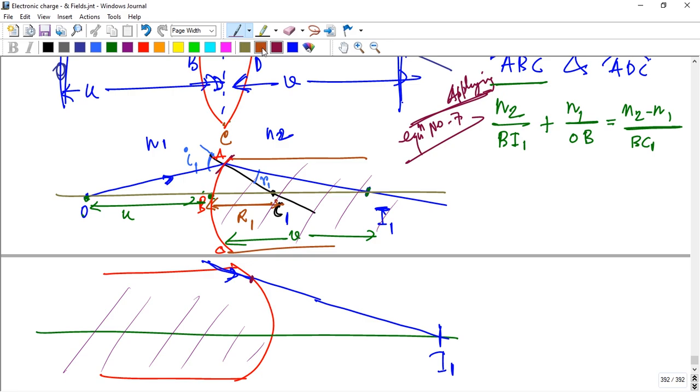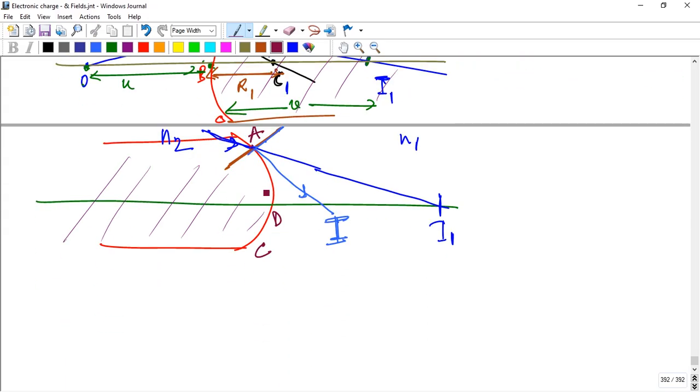Going from denser to rarer medium, suppose the denser index is N2 and the rarer is N1. The ray bends away from the normal. These are the normals, and the ray bends away from the normal. Suppose this angle is i, and the surface is the ADC right-side surface. The normal passes back to its center point, called C2.